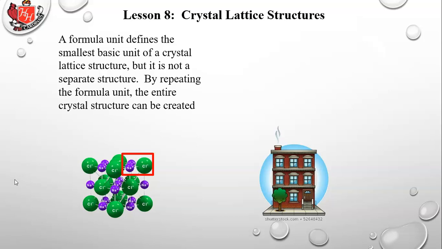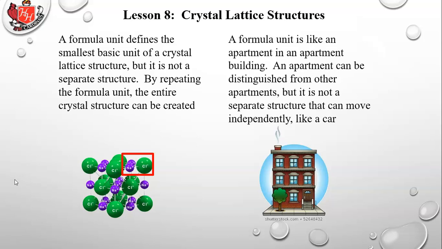So if you take a formula unit of NaCl and keep repeating it, then you end up with a crystal of salt. But you will never find a single NaCl by itself in isolation. A formula unit is like an apartment in an apartment building. An apartment can be distinguished from other apartments, but it is not a separate structure that can move independently like a car.